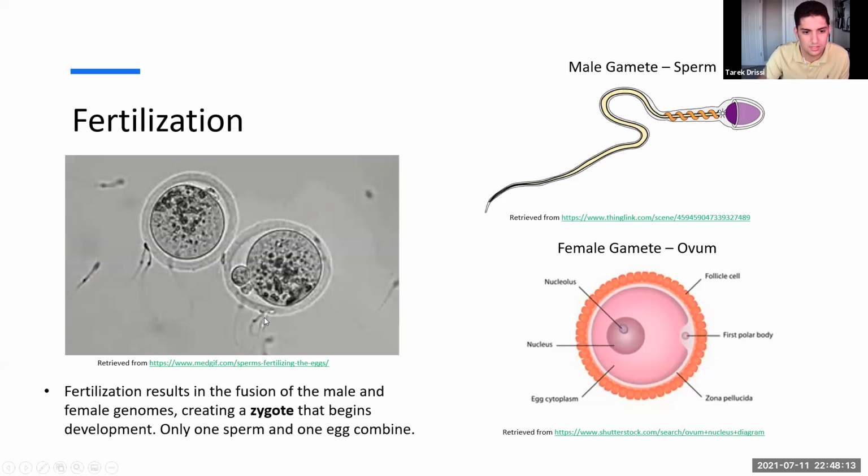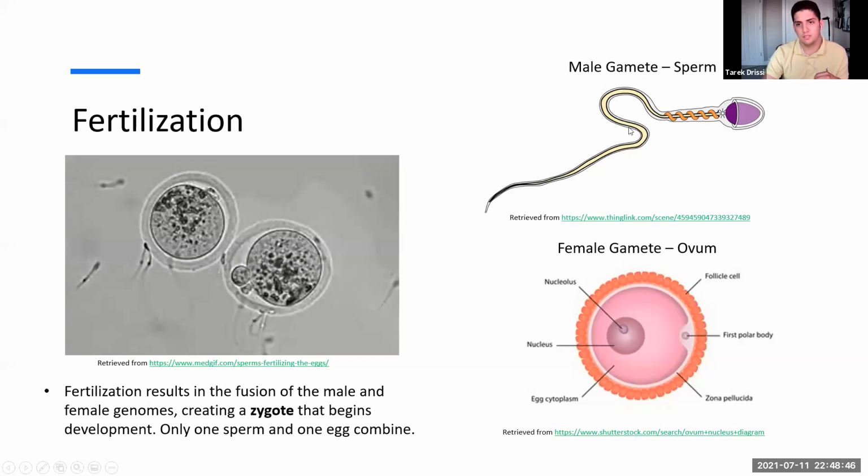Once a sperm fully penetrates that, you can see these sperm digging into the outside membrane, electrical signals occur to release molecules that repel any other sperm from fertilizing the egg. That ensures that only one male and one female genome can combine in an egg, rather than maybe 3 sperm combining at once. That's not possible because there is a block that exists.